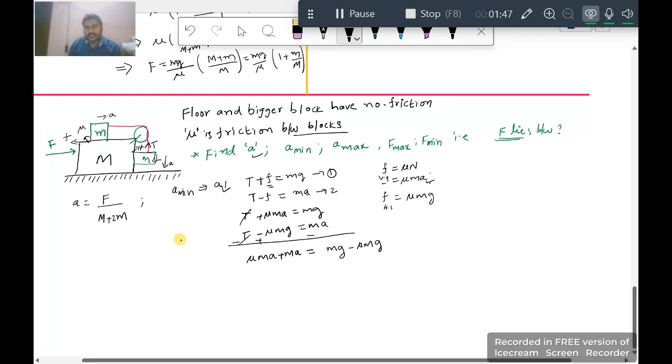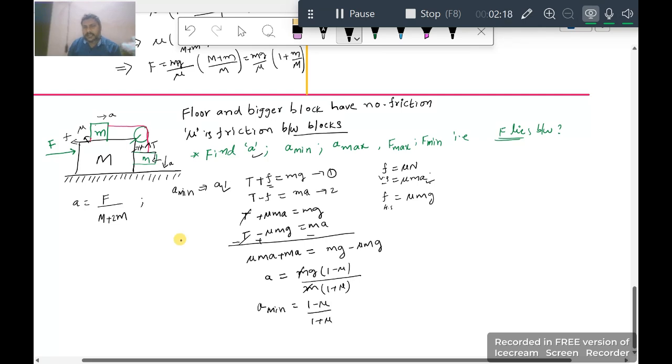I want A minima. Therefore, A minima is equal to mg taking common 1 minus mu, by m into 1 plus mu. So m and m get cancelled, and A minima is equal to 1 minus mu by 1 plus mu.